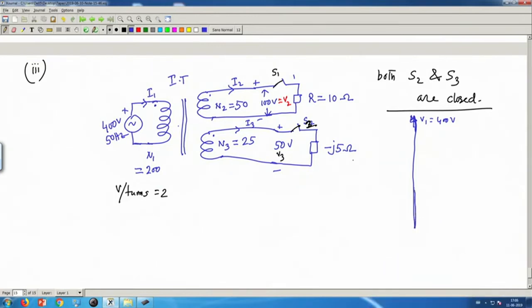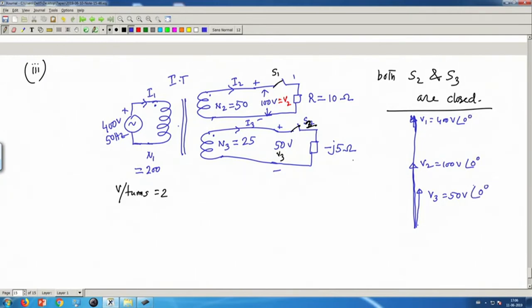So, this is 100 volt, V2, scale you forget, and this is your 50 volt, V3 is equal to 50 volt. All are in phase, and suppose I take this as the reference phasor, all voltages are magnitude angle 0 degree, 0 degree, 0 degree, and so on.